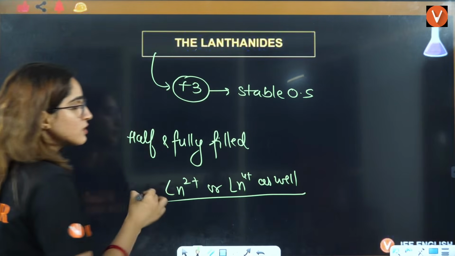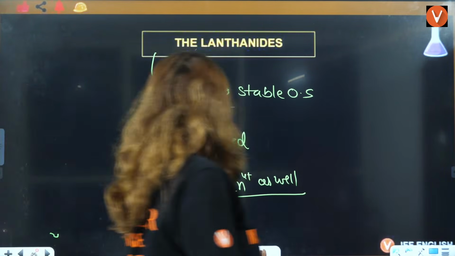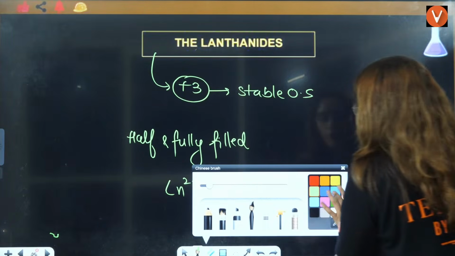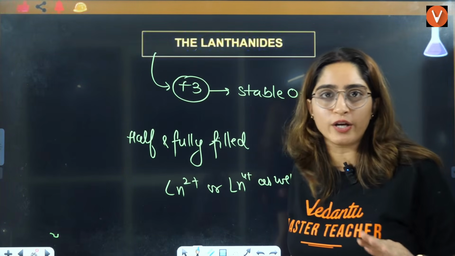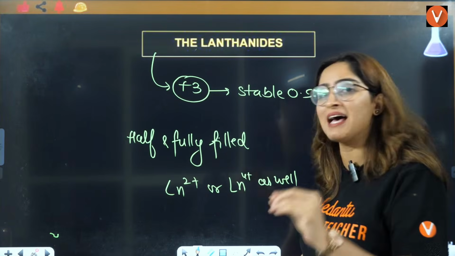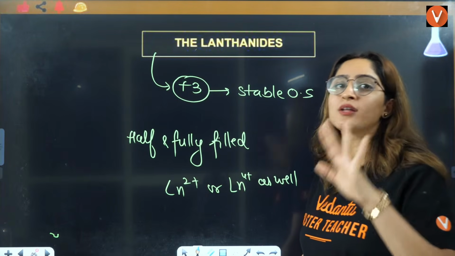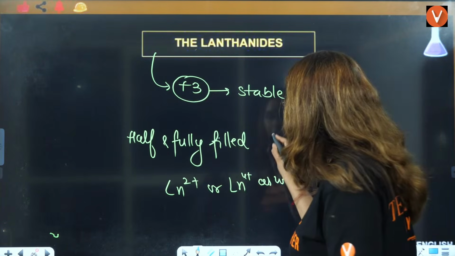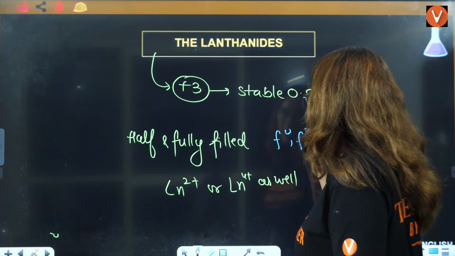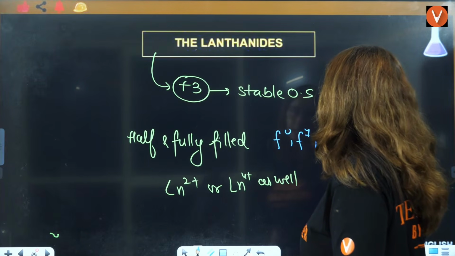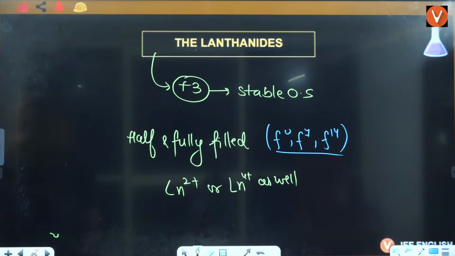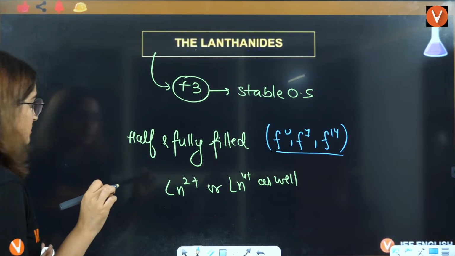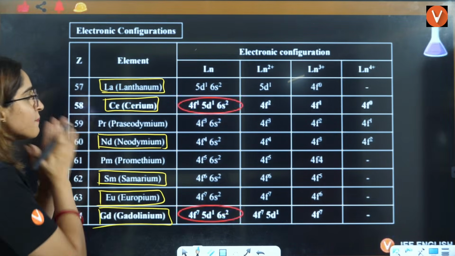This is where they ask you questions, like which of the following exist. You should know all the electronic configurations which are half filled, fully filled, or zero, that means f0, f7, or f14. These should be on your tips. So let's see what these electronic configurations are.